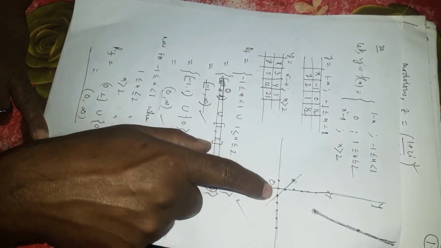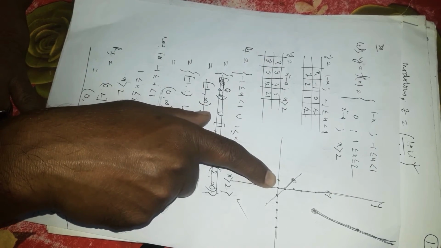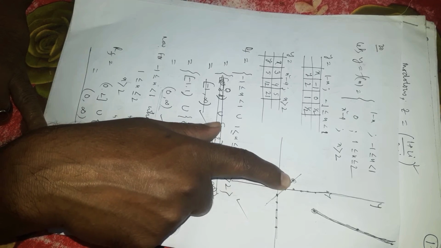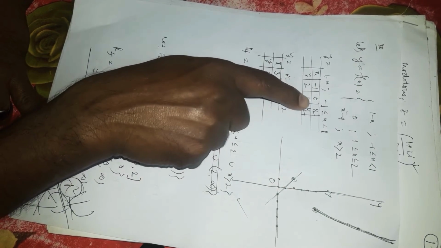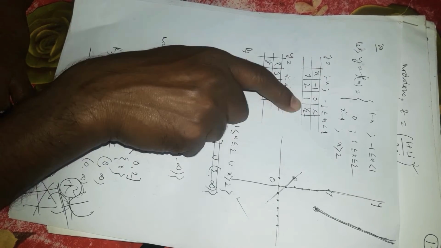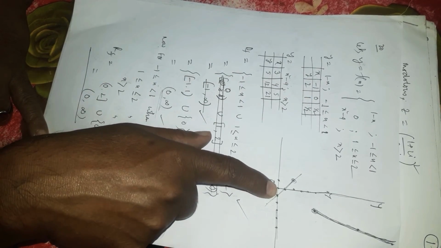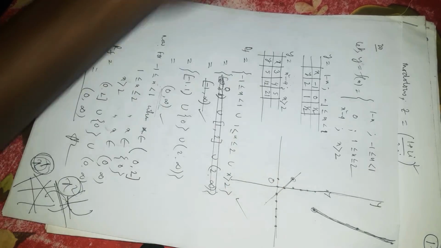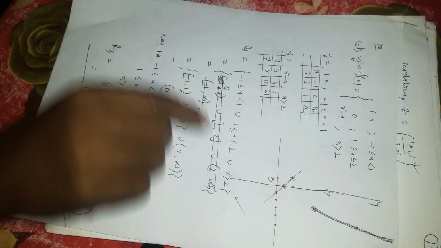Then put these points in your paper: minus 1 and 2, and 0 and 1. This is the point.